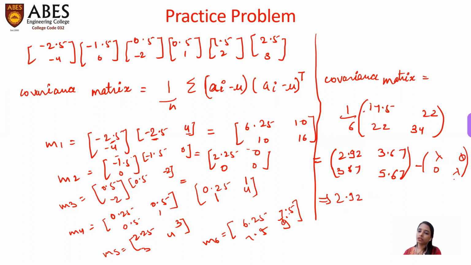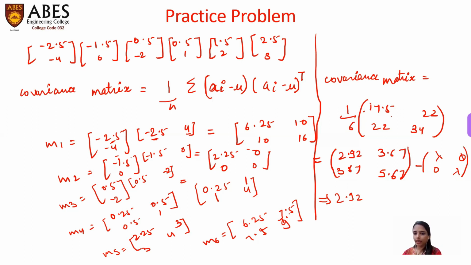This is a diagonal matrix, because we are finding the principal component, and for 2 dimensions we need to calculate a principal component in the diagonal direction, because we will map our data points according to that principal component.